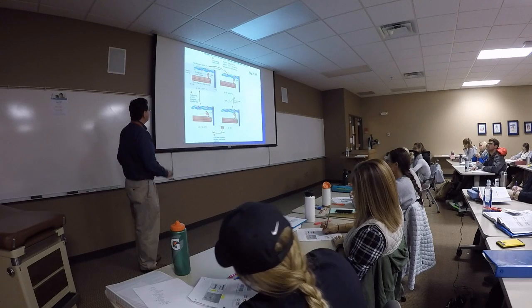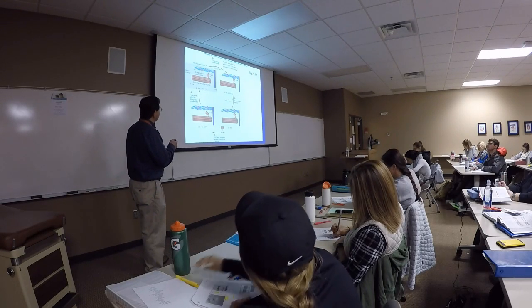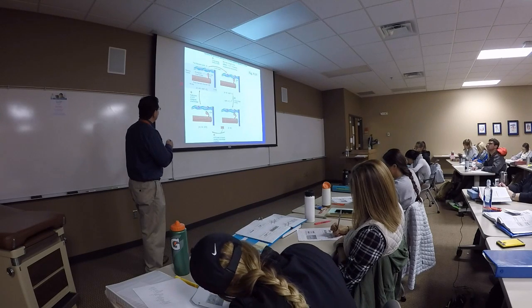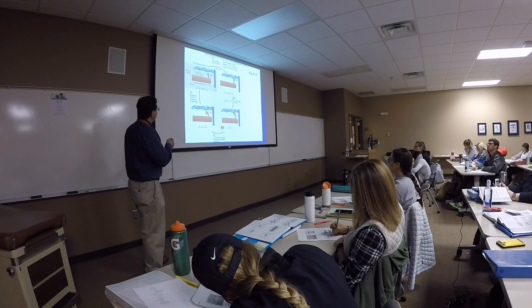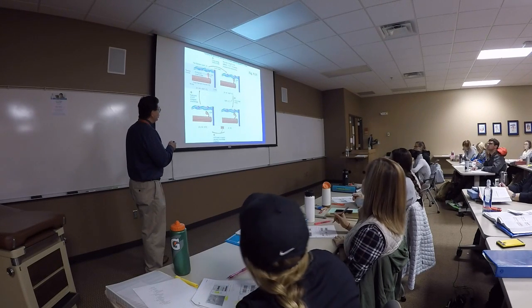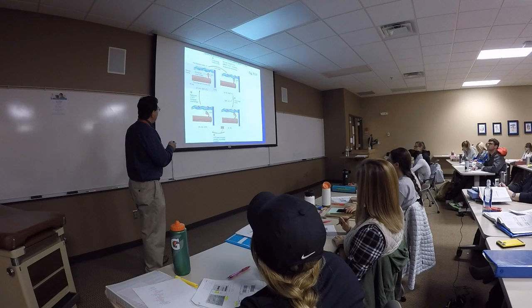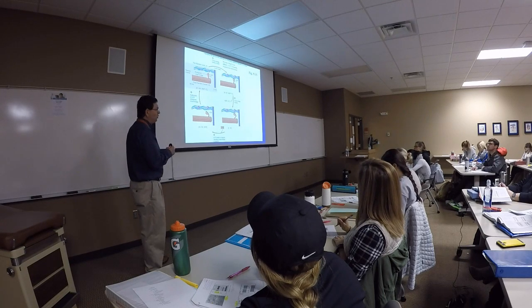This is cross-bridge cycling. So we have the release of calcium. Well, let's start in this slide. So we have tropomyosin overlying those binding sites. We have an energized myosin cross-bridge head, and I say it's energized because it has an ADP and an inorganic phosphate bound to it.